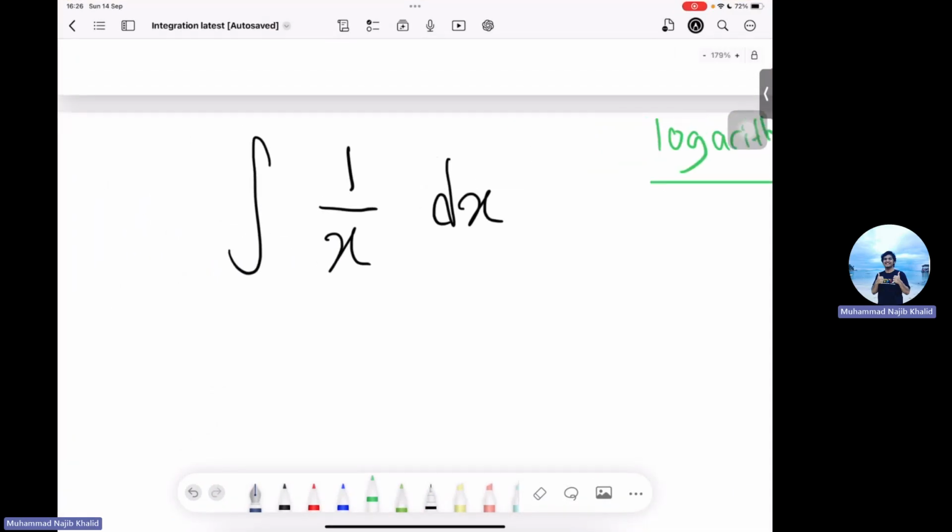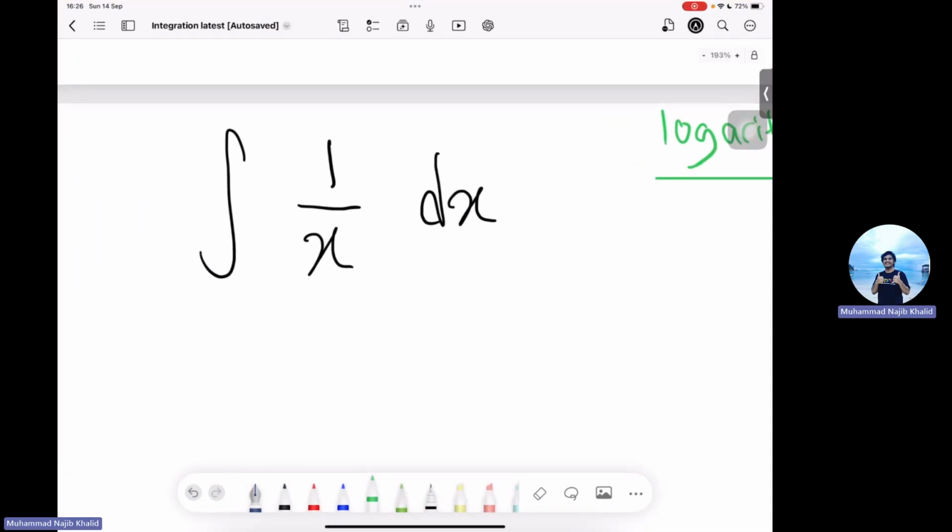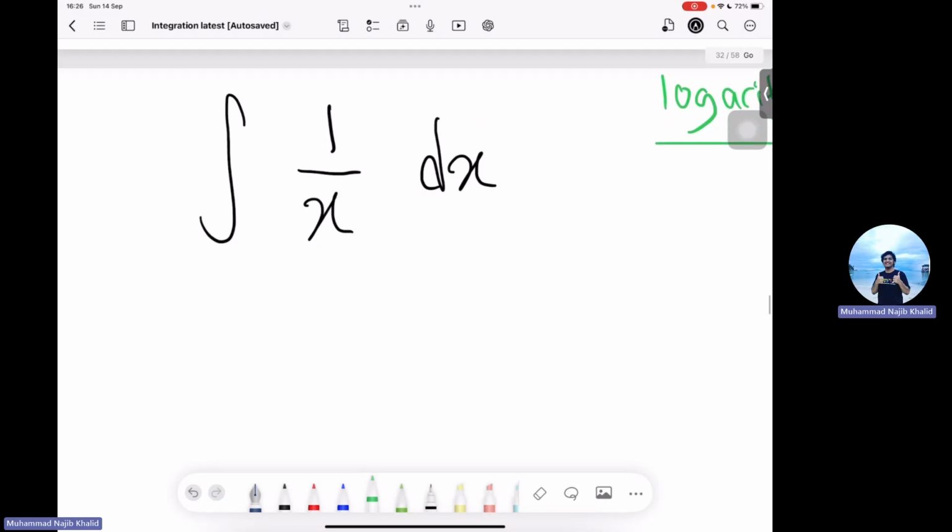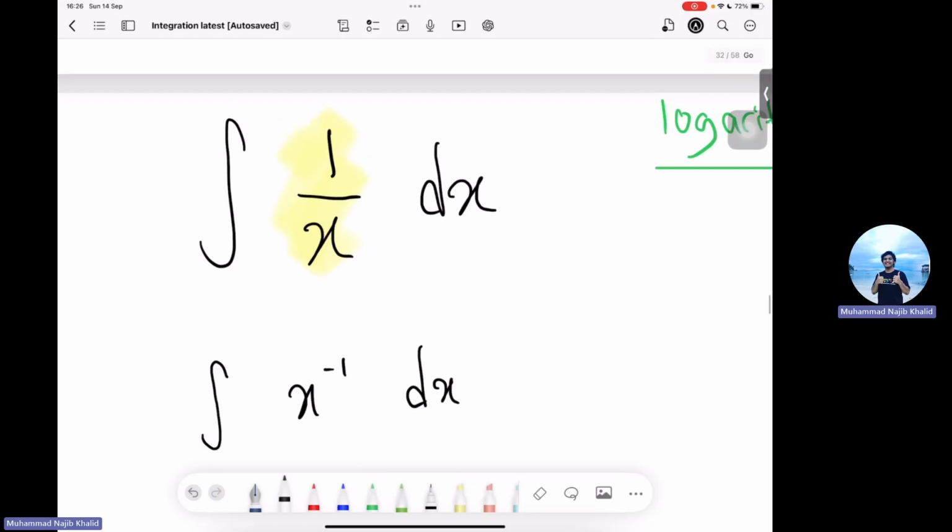All right. So before we go to the logarithm, I have one problem here. We have the integration of 1 over x dx. Just a quick recap from the lesson on the algebraic function: remember, we always need to write in the form of ax^n, which means we need to transform 1 over x to become the integration of x^(-1) dx.